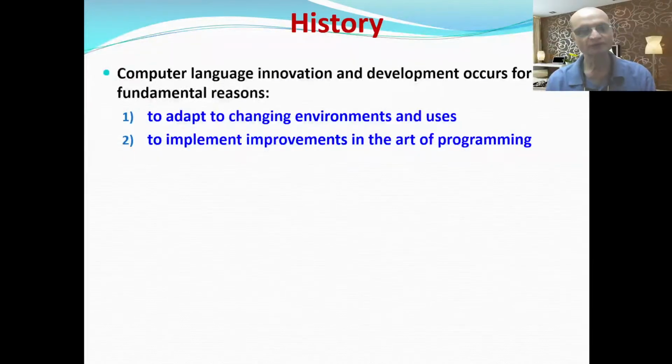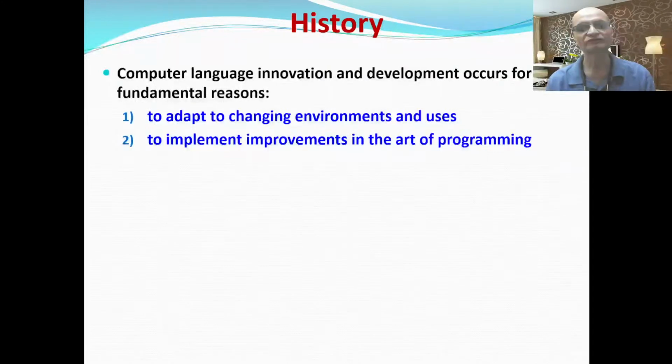Now, when we talk about adapting to the changing environment, that means the overall environment where you are trying to develop various programs itself undergoes change. Say for example, your hardware undergoes a change, its capabilities undergo a change, like your processors.